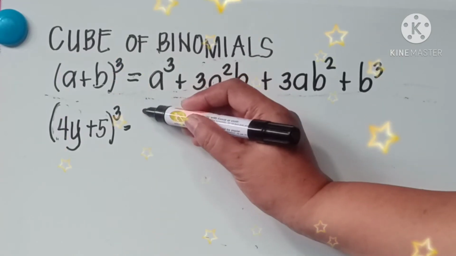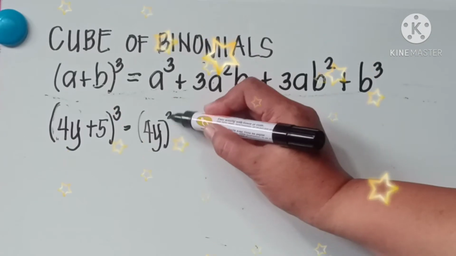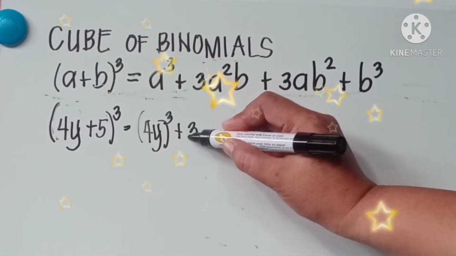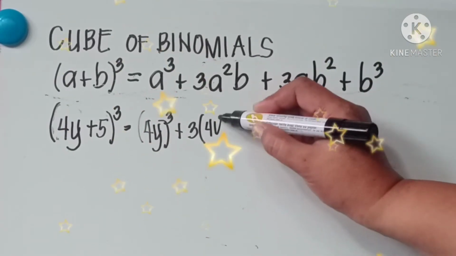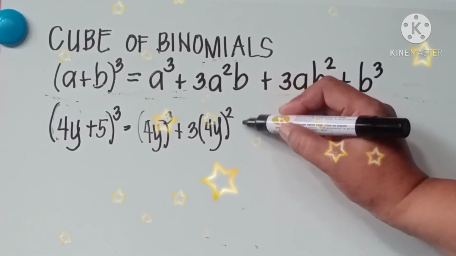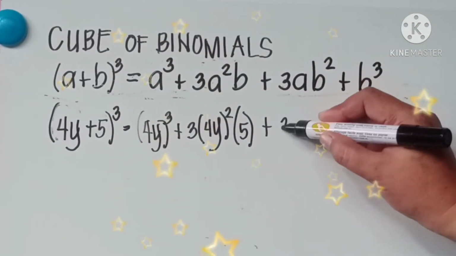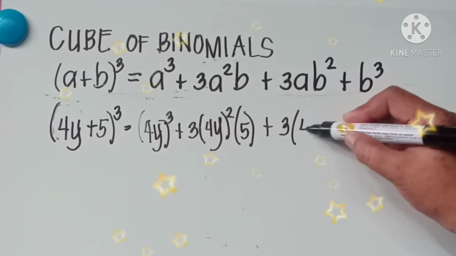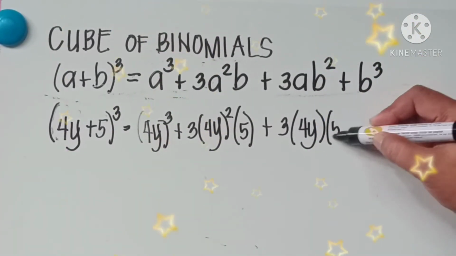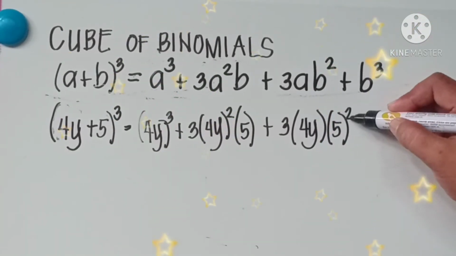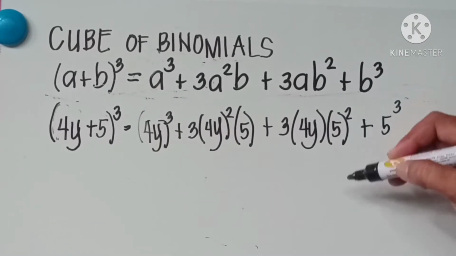So cube the first term: 4y cubed, plus 3 multiplied by the square of the first term, which is 4y. Then b is 5, plus 3 multiplied by a, which is 4y, times the square of b, which is 5. Then plus 5 raised to the third power.